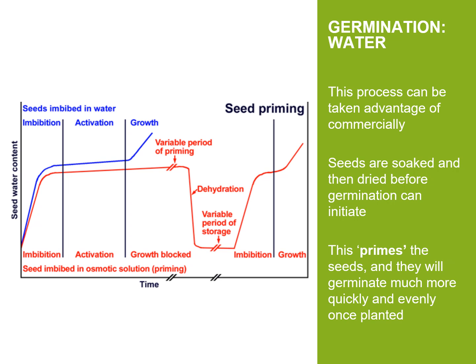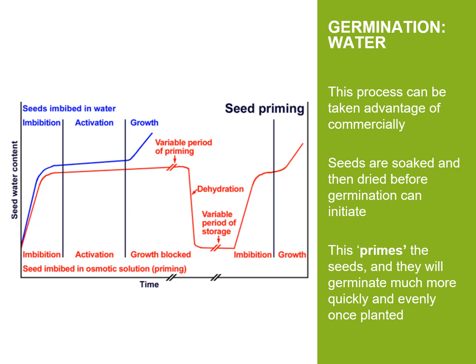So this process can be taken advantage of commercially for growers to improve germination and also to improve the uniformity of growth. So, for example, this is a slide showing how artificial germination can be induced by imbibing the seed.